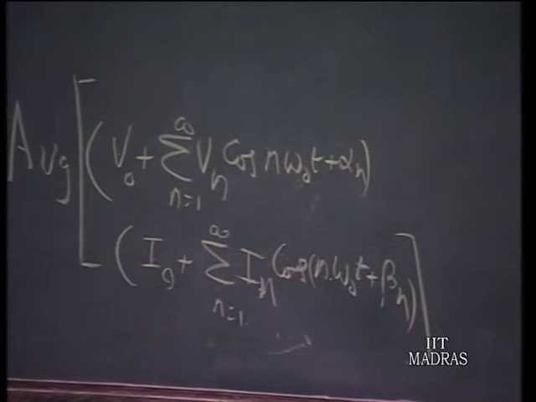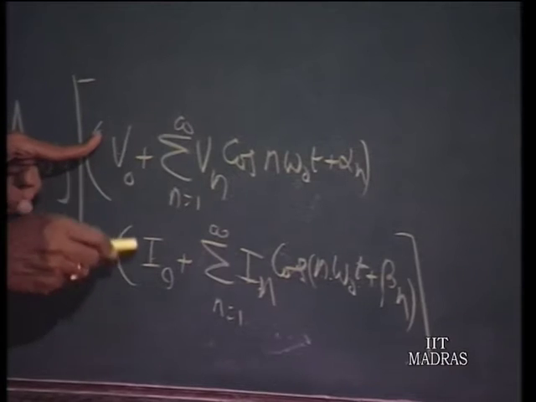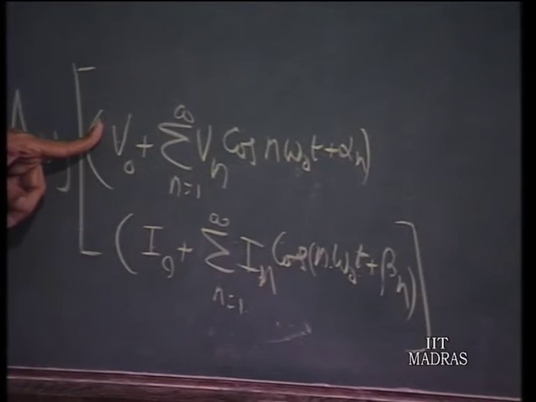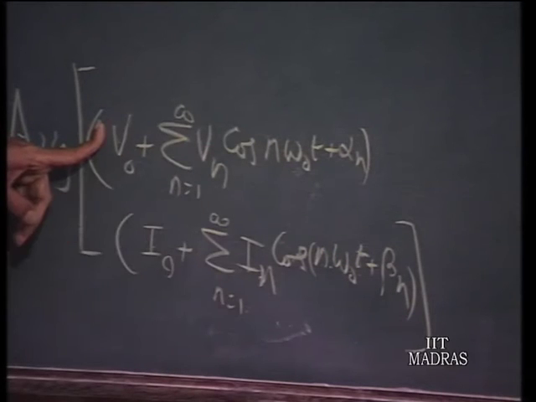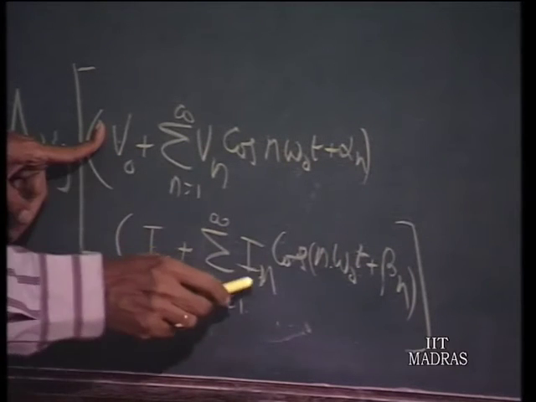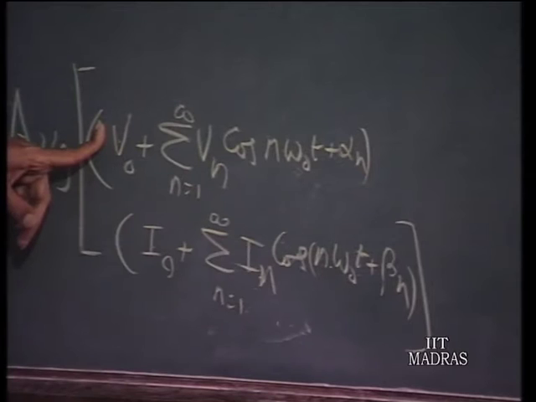But when we are talking about average, it is only this V naught I naught which results in a non-zero average. V naught multiplied by I1 cos(omega naught t plus beta 1) is 0. V naught multiplied by I2 cos(2 omega naught t plus beta 2) is 0, and so on and so forth.